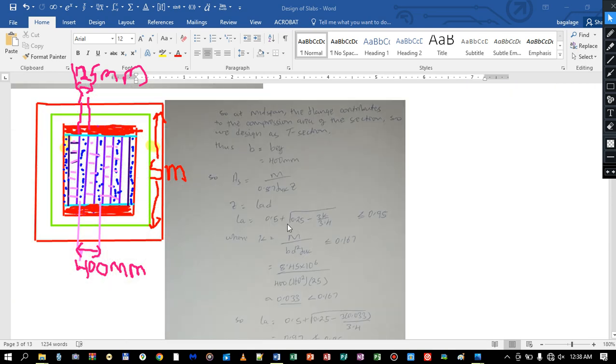And then this la can be calculated from analysis of a section.